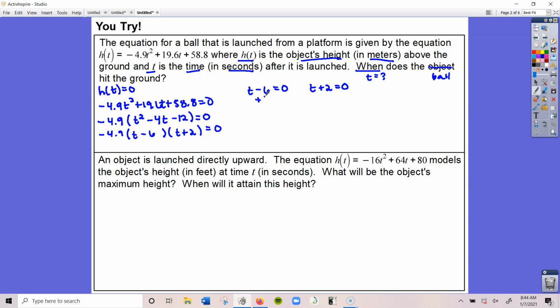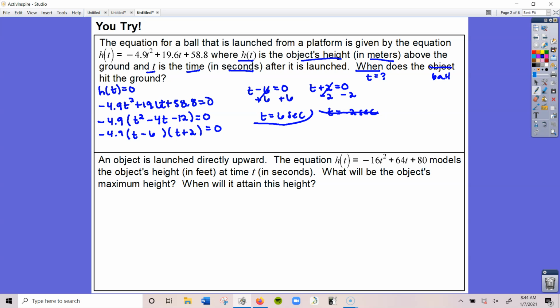So here we're going to add 6, and we get t is equal to 6 seconds, since t is time in seconds. And then here for t plus 2, we subtract the 2, and we get t is equal to negative 2 seconds. Now, of course, there's no such thing as negative time, so this is not a valid answer.